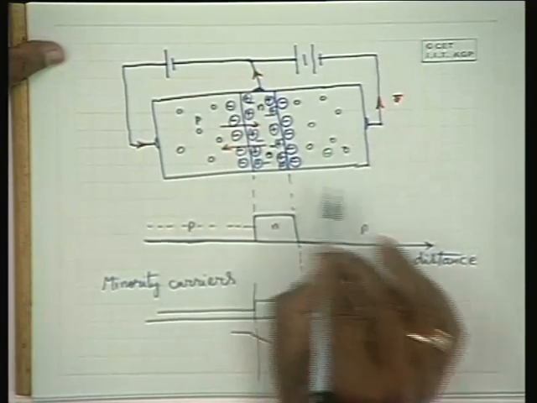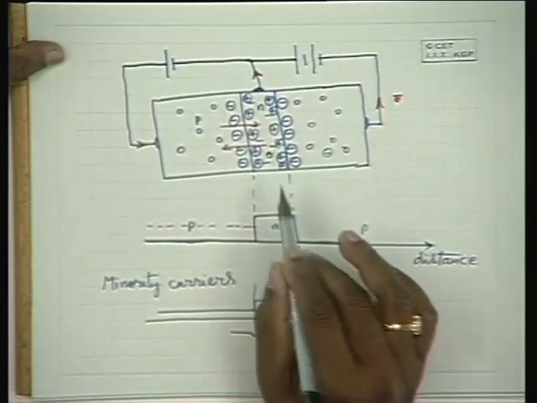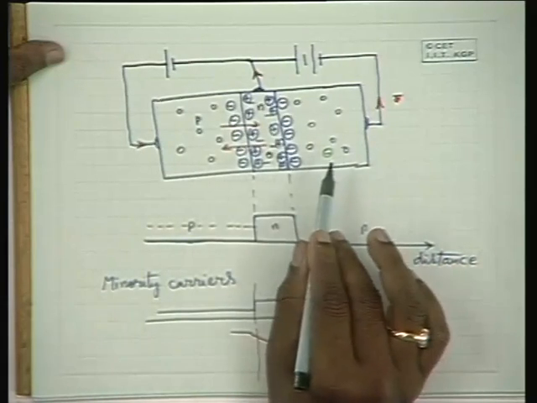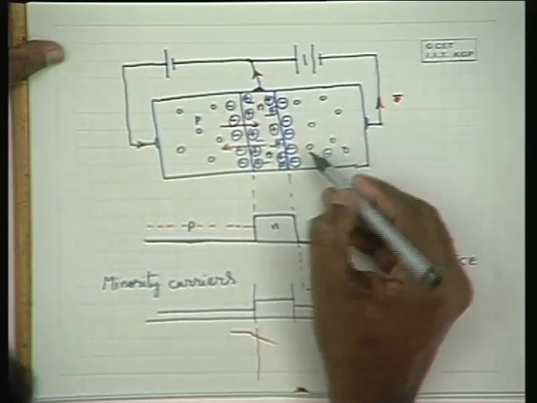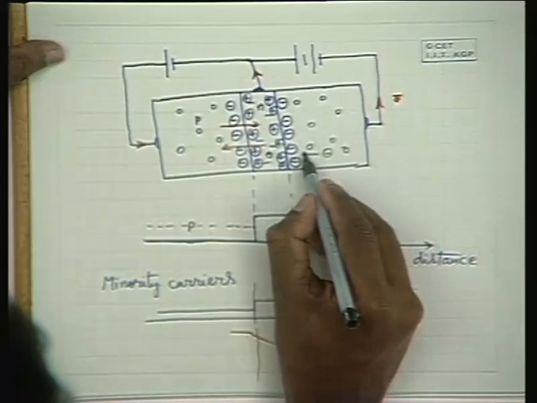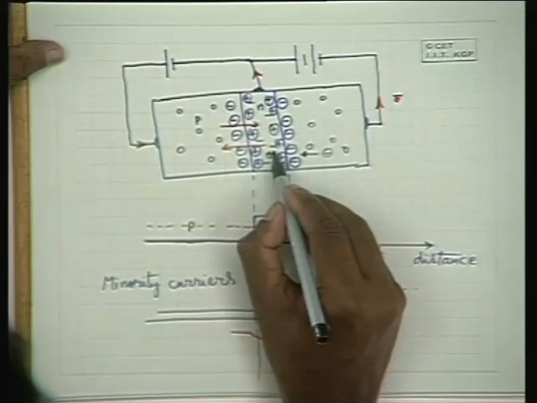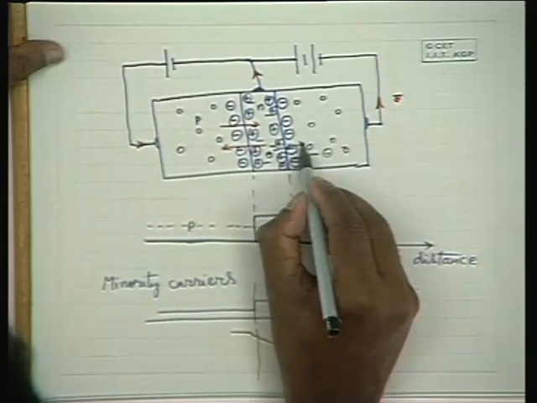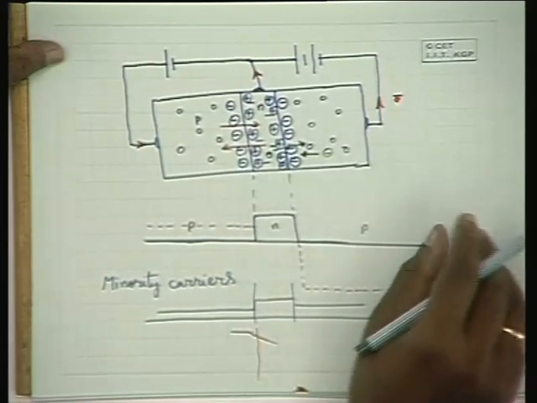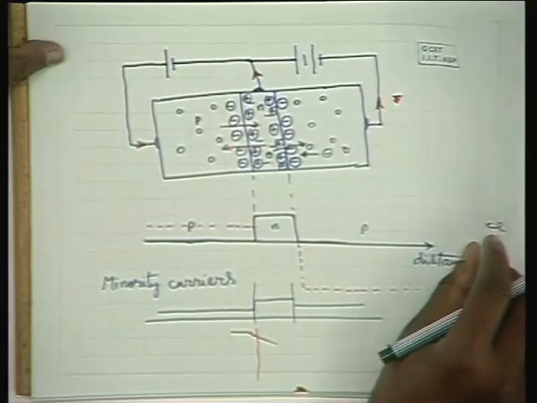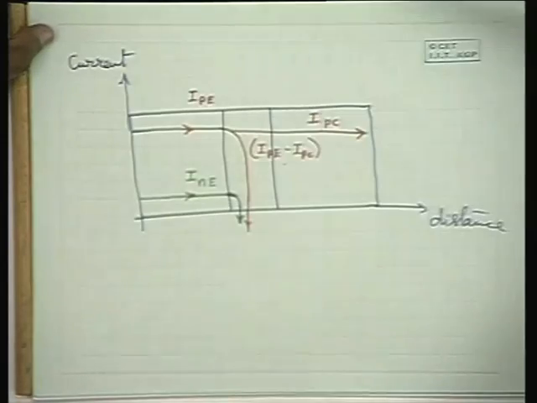For them it is a potential which drifts these charged particles. As a result, they get drifted in this direction. The minority carrier electrons drift in this direction, and the holes drift in this direction, because of which there would be minority carrier current which is similar to that of a reverse biased PN junction current.